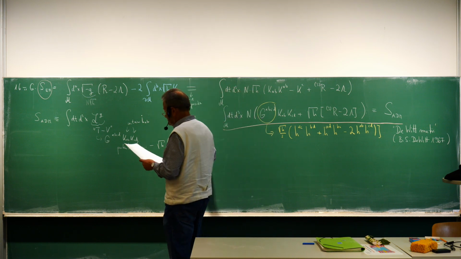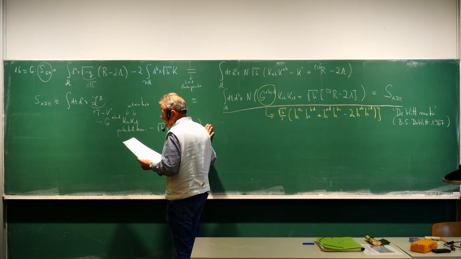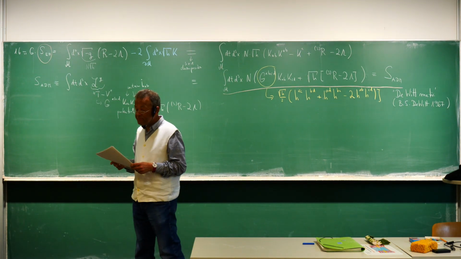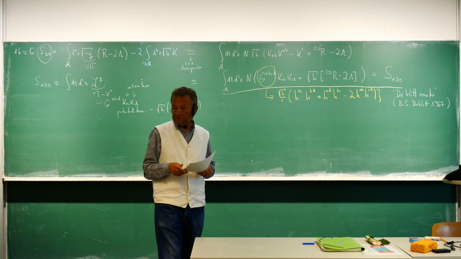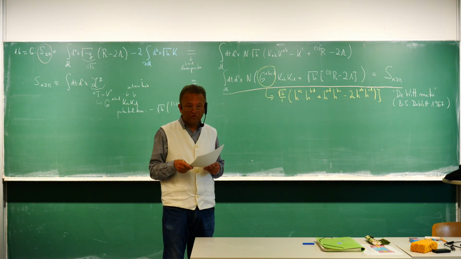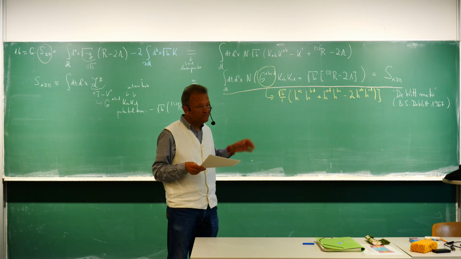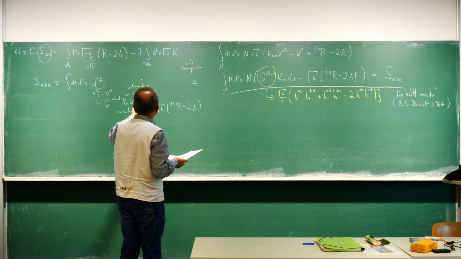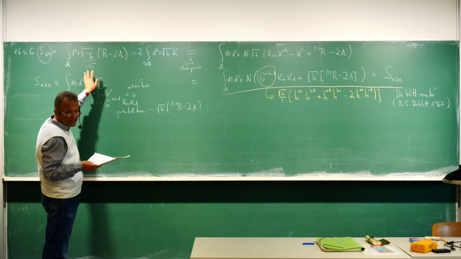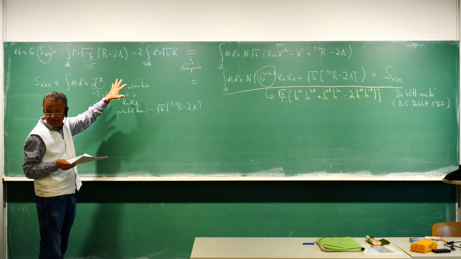So then we can apply the canonical formalism. So we define the momenta. The momenta are dL over dq dot. Now what are the q's? Okay, they are the h_{ab}. But if you think in terms of the four-metric, we also have, in principle, lapse and shift.